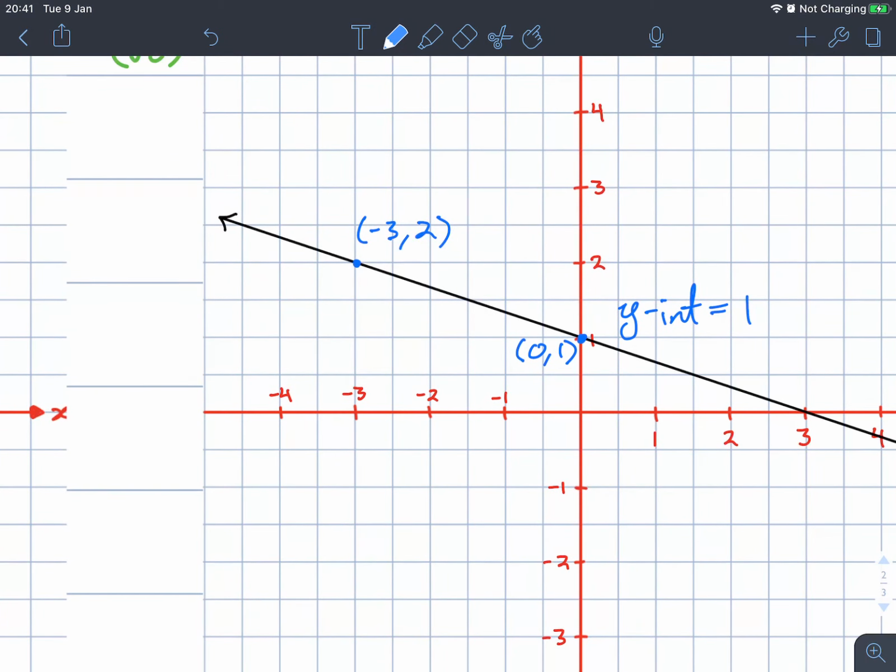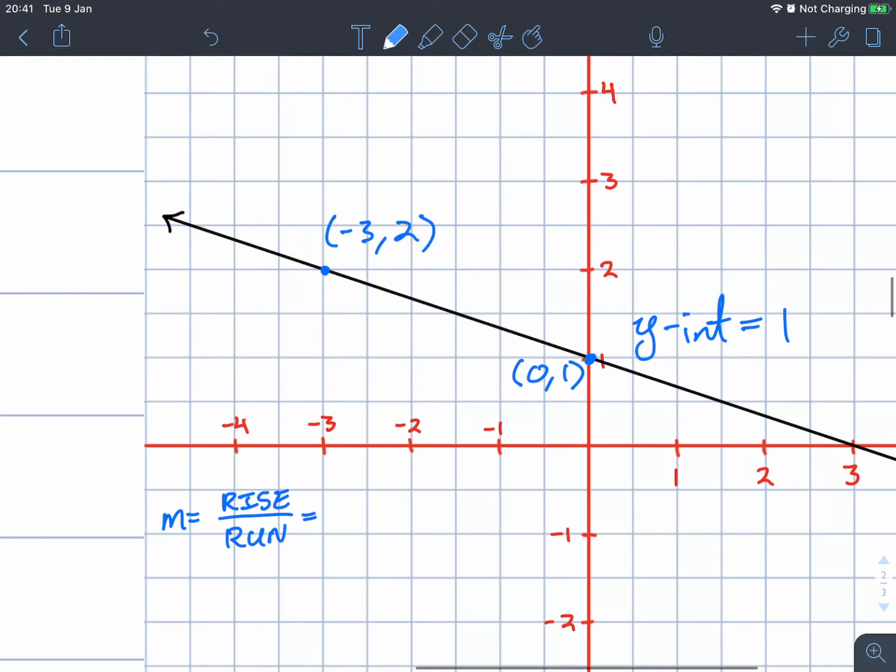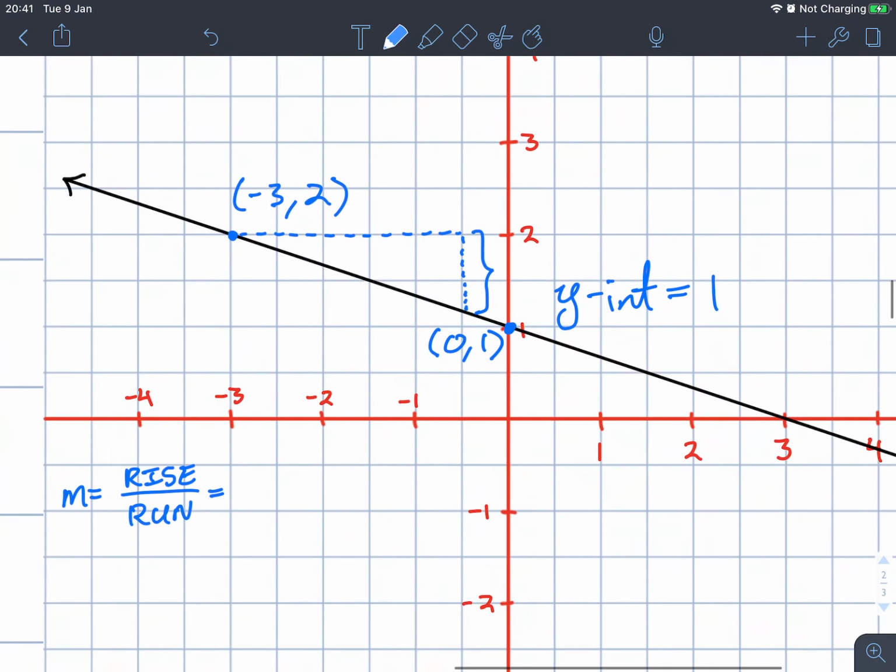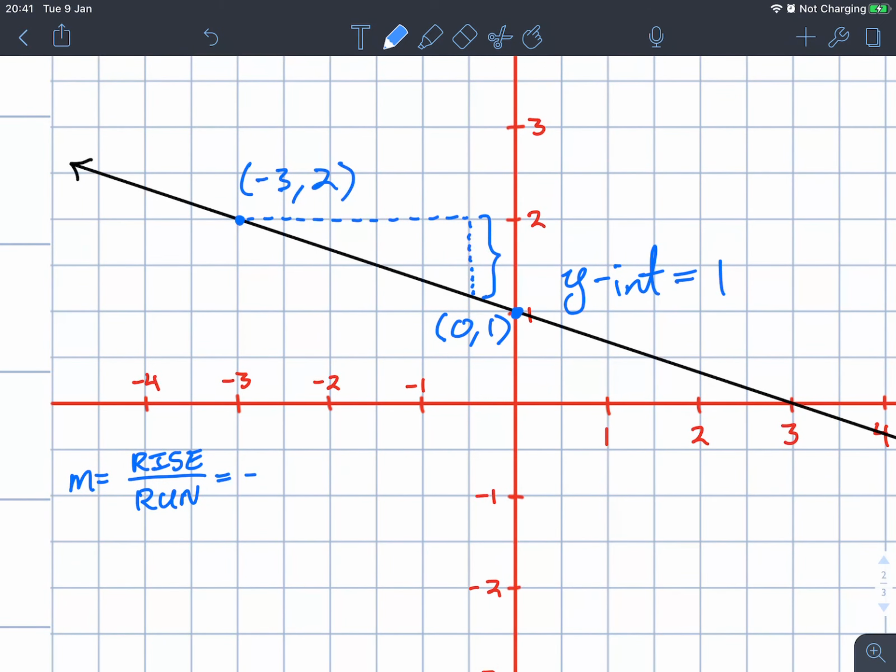Now let's do the gradient. M equals rise over run. Let's figure out first how much it has risen. If we draw a triangle like this, which is what I was doing previously, how much does it rise along the y-axis between those 2 points? The rise goes down from 2 to 1, so that's a rise of -1 because it went downwards.